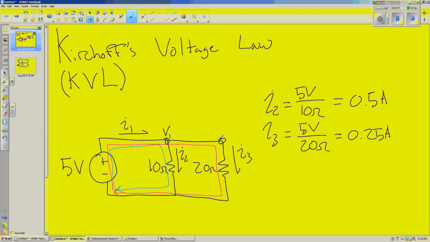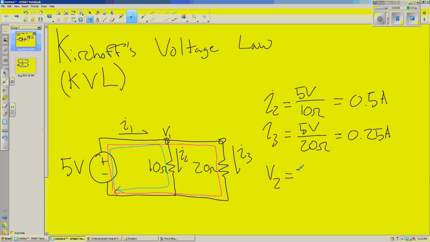So let's see if Kirchhoff's voltage law holds true by finding the voltage across both those resistors, how much it burns up. V2 will be the voltage that's burned up in our 10 ohm resistor.